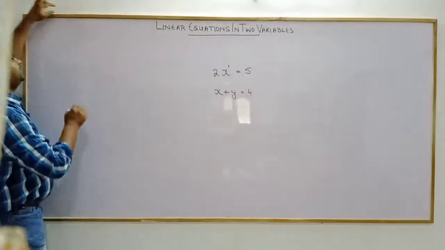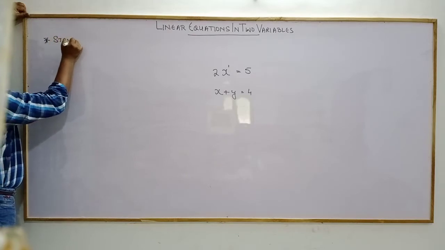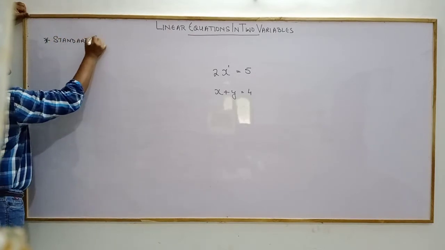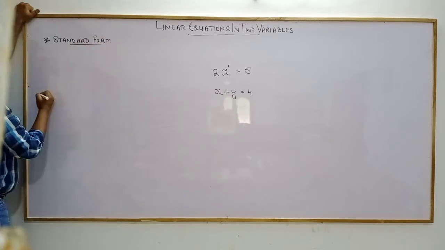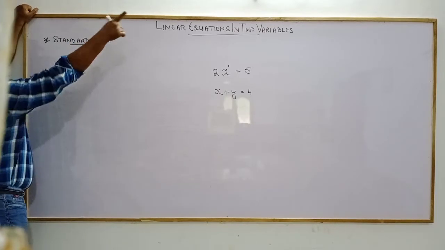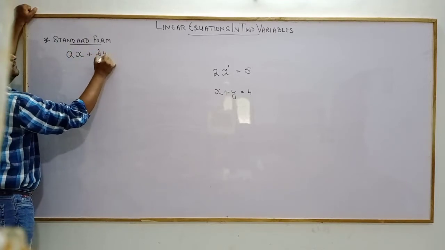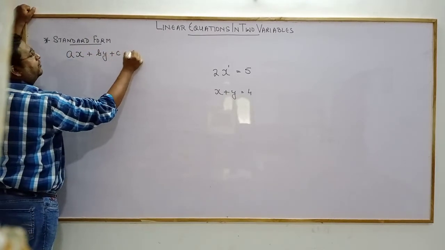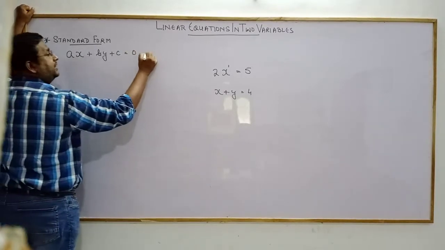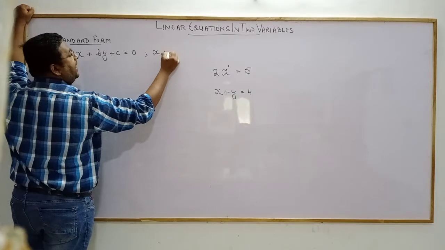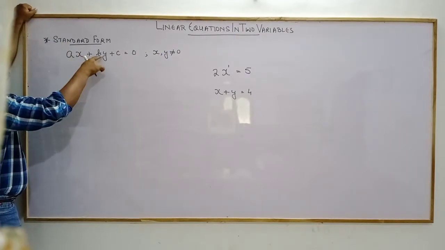So first of all, we talk about the standard form. This is important as it will be there in class 9 and class 10. What is the standard form of a linear equation in two variables? It is ax plus by plus c equals 0, where x, y is not equal to 0, because x and y are variables.